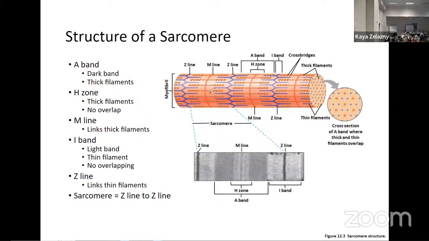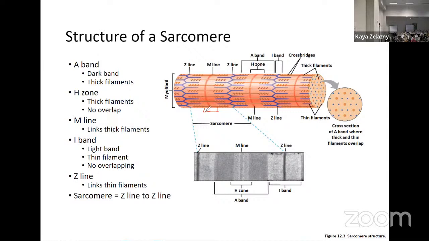So the H zone is referring to an area where we have myosin, but it's referring to the area where we have only myosin. So the H zone is where we have only this thick filament and no overlap.